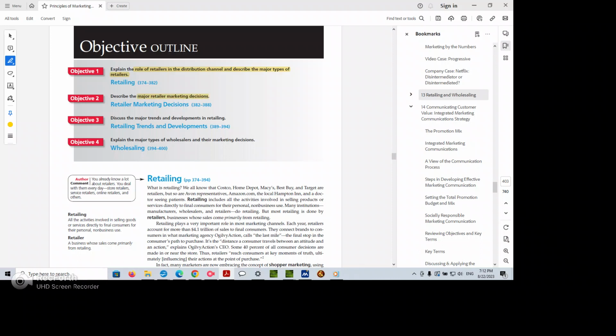In other words, retailer marketing decisions. For objective three, we want to discuss the major trends and developments in retailing. That is, retailing trends and developments. For the fourth objective, we want to explain the major types of wholesalers and their marketing decisions.